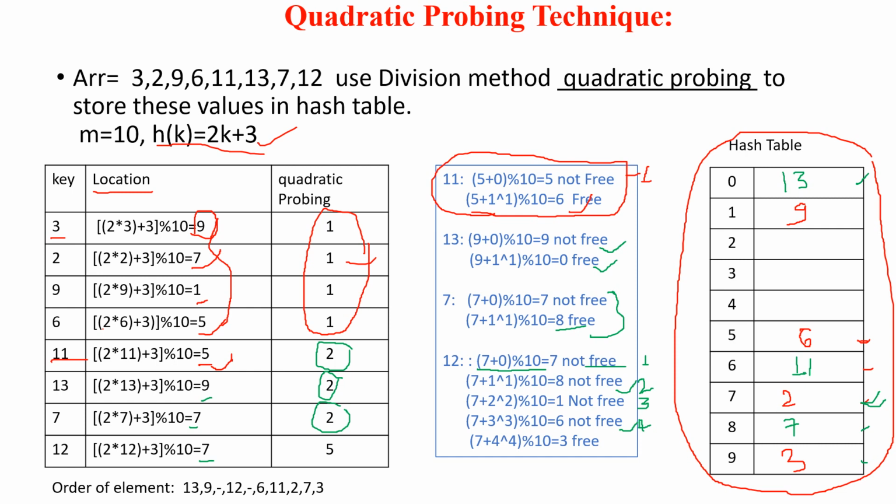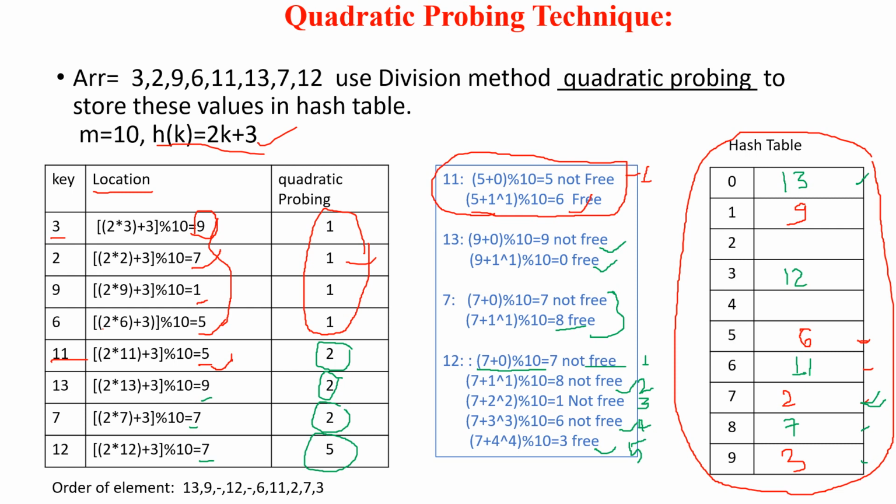Now check 7 plus 4 square. Modulus 10, you will get 3. Check if 3 is free. Yes, 3 is free. So this is the fifth probe. So the total number of probes is 5, and the 12 is going to be stored at where? At the third index. So 12 is going to be stored at the third index.